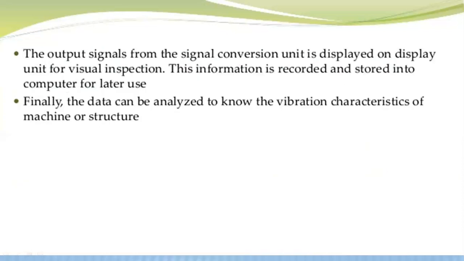The output signal from the signal conversion unit is displayed on the display unit for visual inspection. In this visual inspection, we can note the numerical values of the vibrating device, and this information is recorded and stored in a computer for later use. Finally, the data can be analyzed to know the vibration characteristics of the machine or structure.